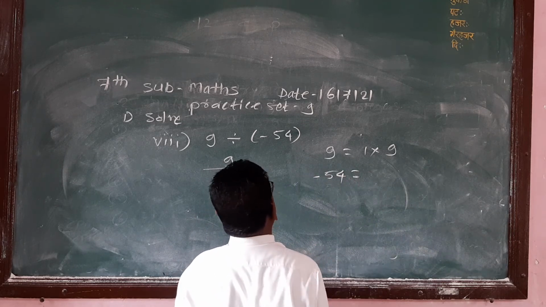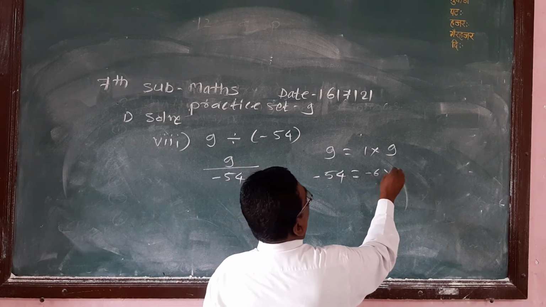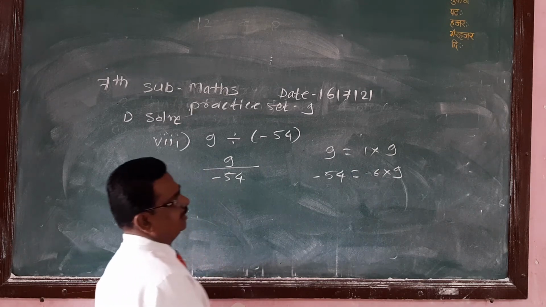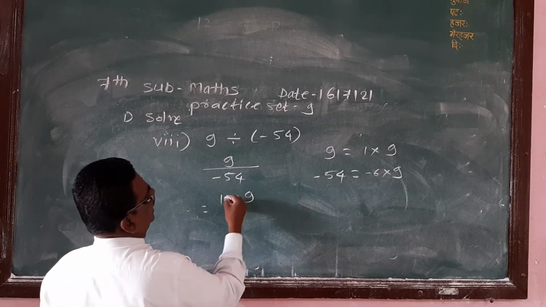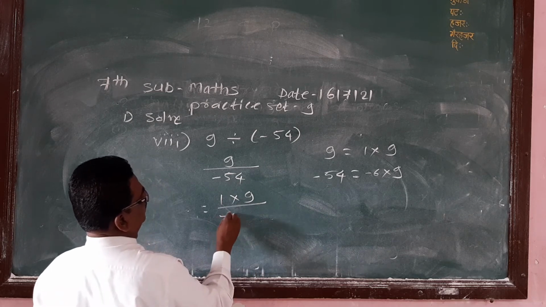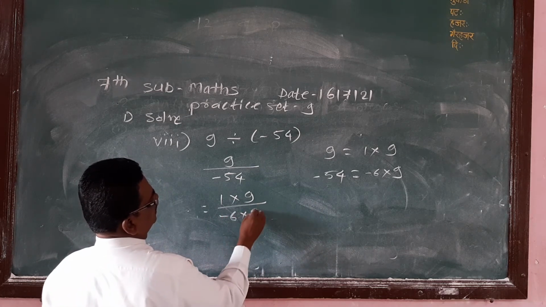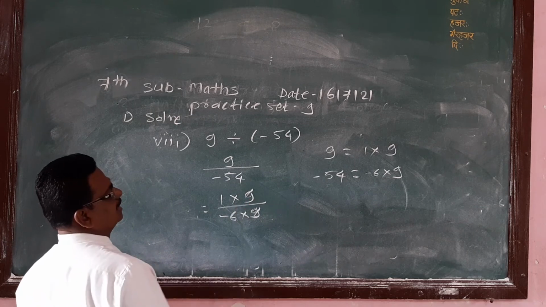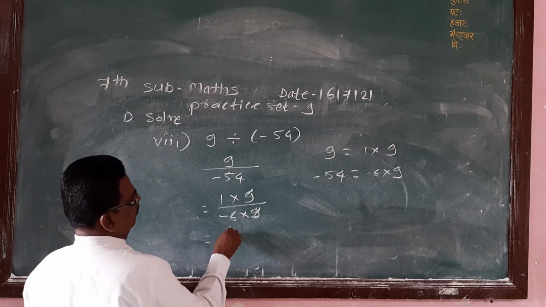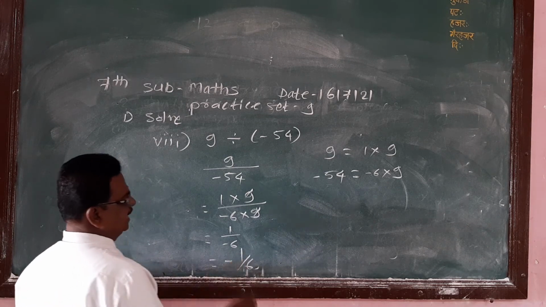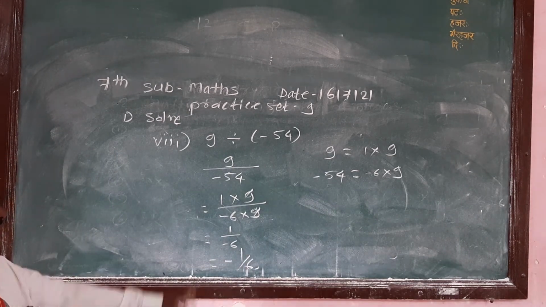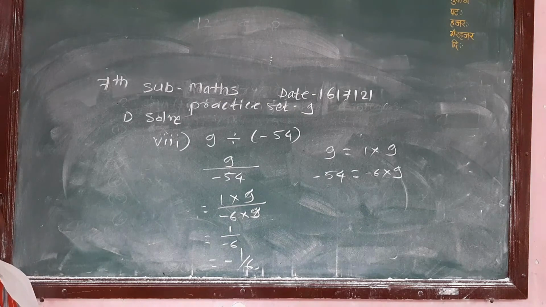Minus 54 is equal to minus 6 into 9. 1 into 9 divided by minus 6 into 9. Cancel 9, 9. 1 upon minus 6 is equal to minus 1 upon 6.